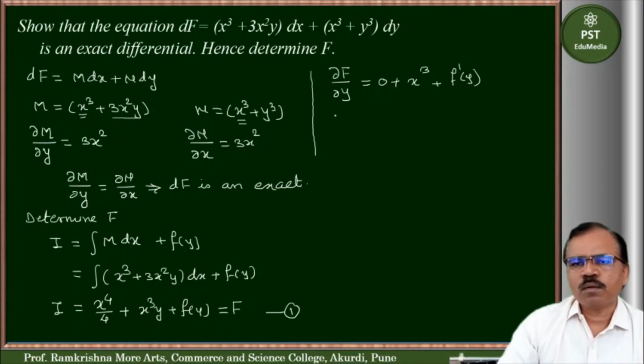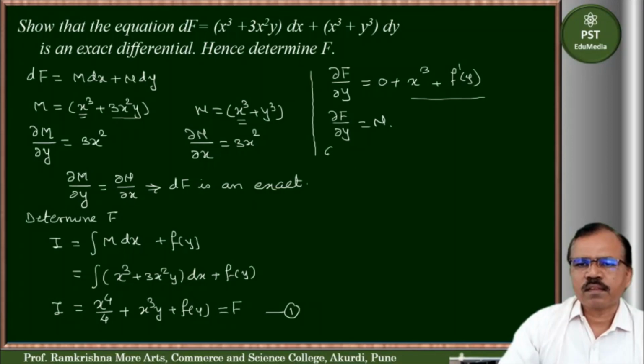Now for the potential function, ∂f/∂y must be equal to n. So if we compare ∂f/∂y with n, and if we want f to be the potential function, ∂f/∂y must be equal to n.